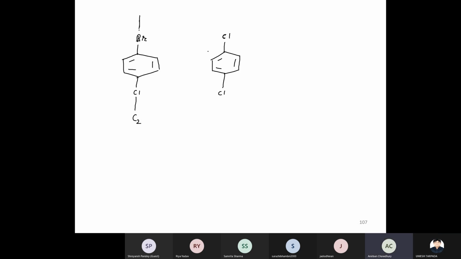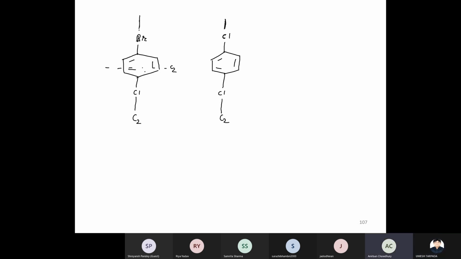Then the second one, this will be C2. This is also C2, yes. But see, in the first case, there is no other 2C2 which are perpendicular to the C2. See, here you cannot take a C2.